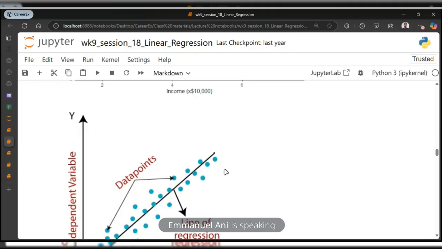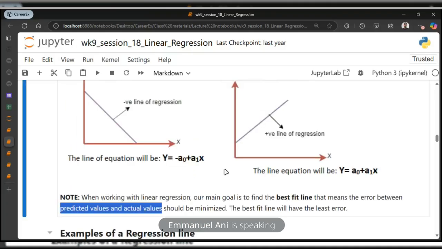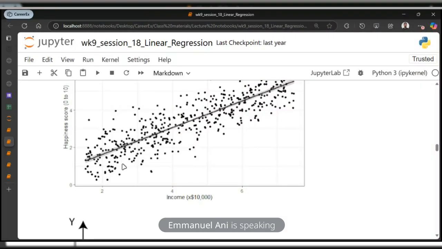So that is it for the regression line. The regression line is the line that you use for making predictions, basically. That is what linear regression is trying to learn. It's trying to get the best regression line that best fits your data. The best fit is the one that has the minimum error when you calculate the error between the prediction and the actual values.